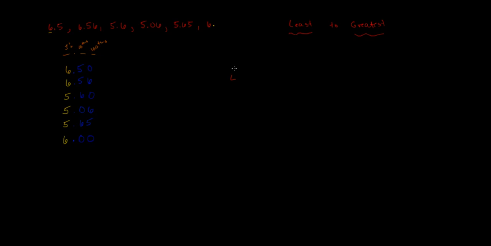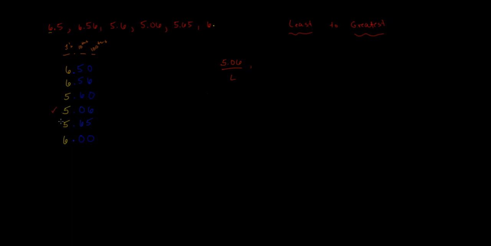This is my least, 5 and 6 hundredths, because it's the smallest. It's the closest to 5, first of all, and then as far as a part of a whole that it has attached to it, it's got the smallest bit. So 5.06 is the smallest.